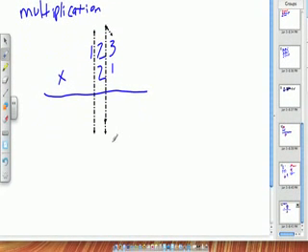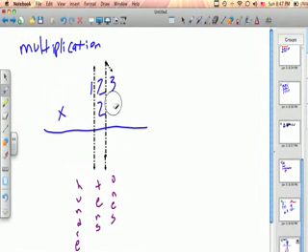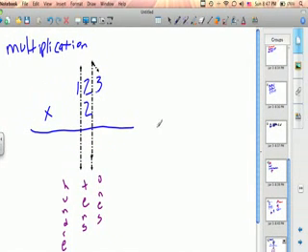Now, here's the thing. Everything in my first column is going to be ones, right? Everything in my next column is going to be tens. Everything in my last column is going to be hundreds. And if I have too many numbers in one column, like if I multiply two numbers together and I got, so let's change this number to like 6.